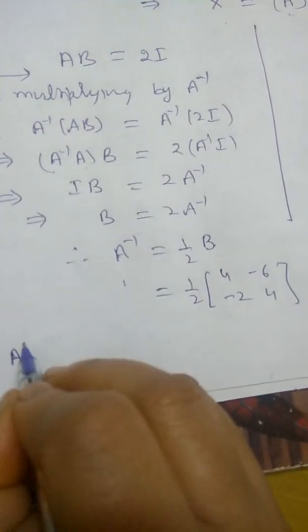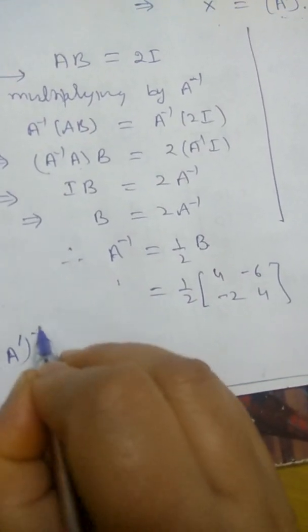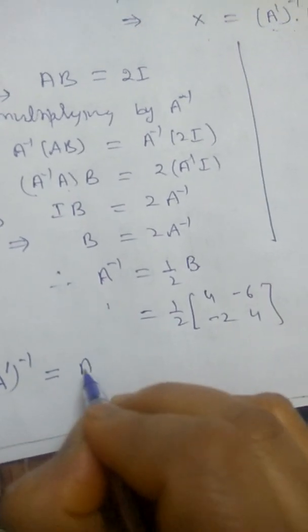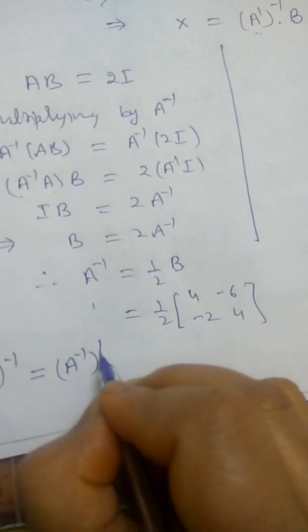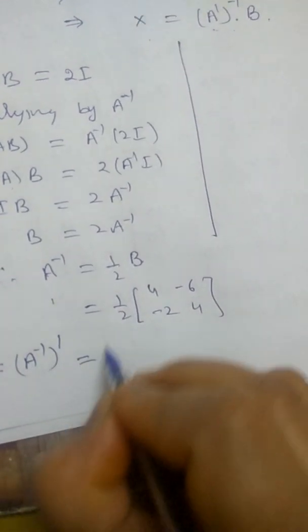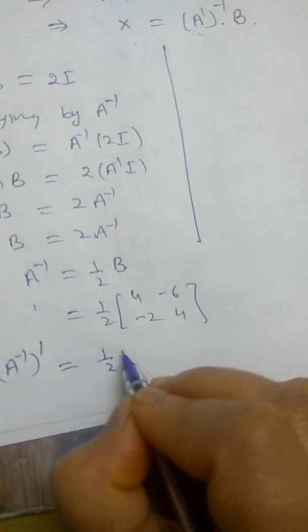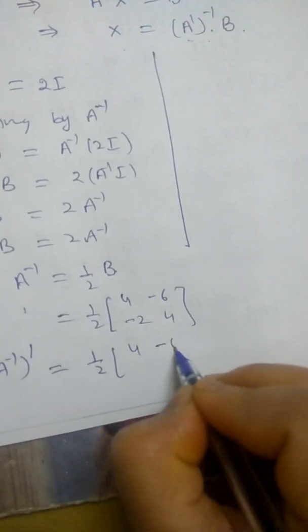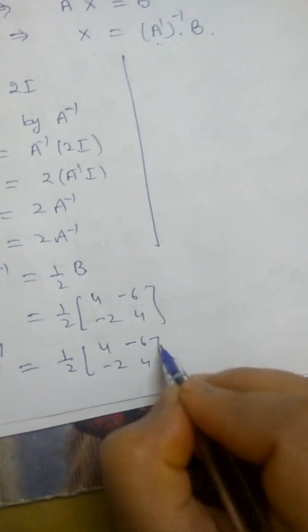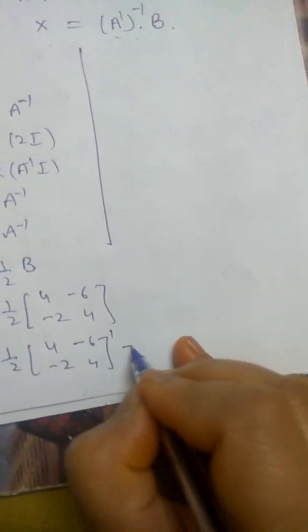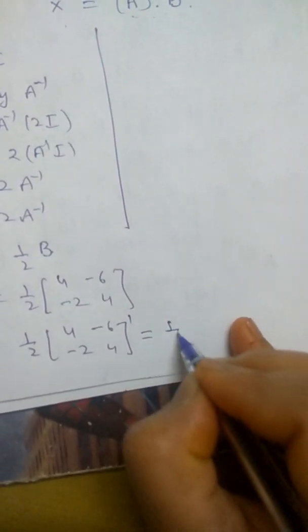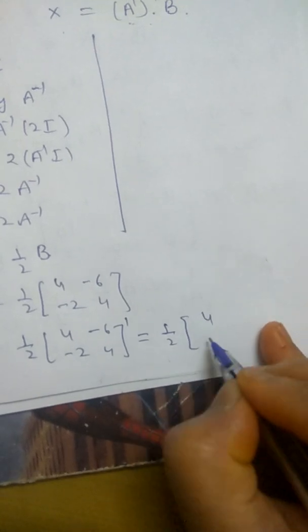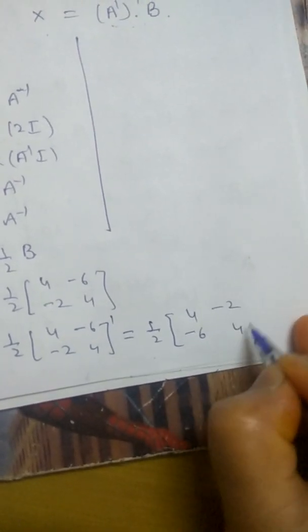As you know, A' inverse is equal to (A inverse)'. That means we can write this as 1/2 [4, -6; -2, 4] its transpose, and therefore that is equal to 1/2 [4, -2; -6, 4].